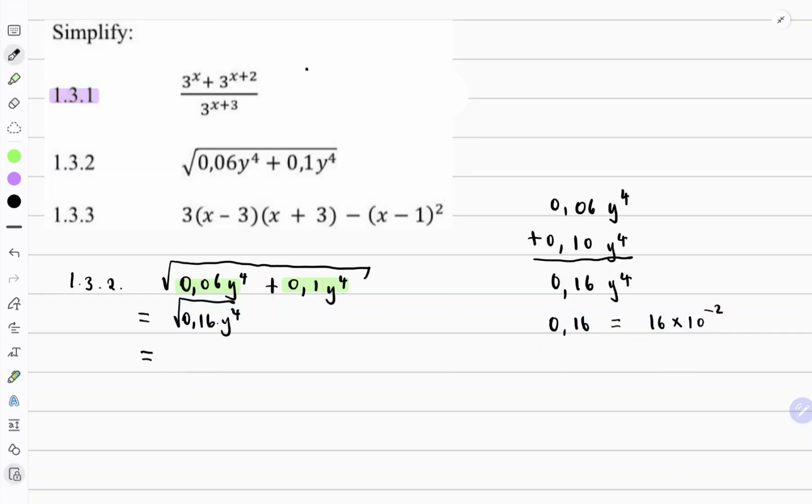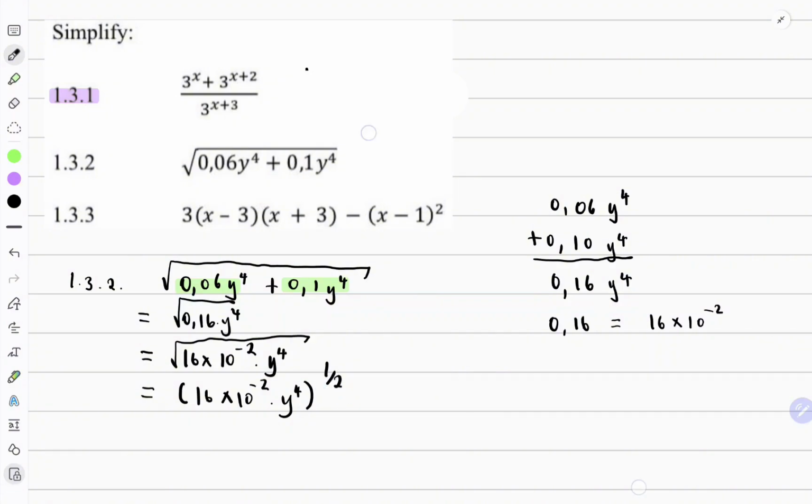So this can be written as 16 times 10 to the power of negative 2 times y to the power of 4. But this square root can be written as to the power of 1 over 2. So that's 16 times 10 to the power of negative 2 times y to the power of 4, all to the power of 1 over 2.